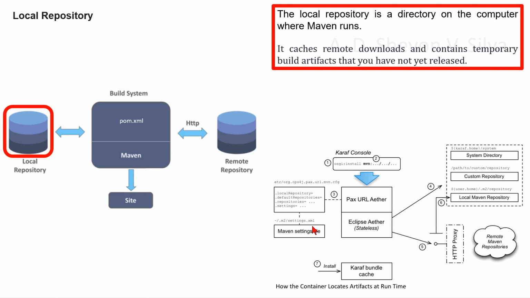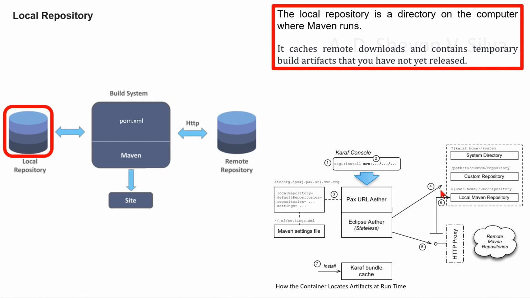The pax-url-aether layer passes the requested Maven URL and combines this information with the specified configuration in order to invoke the Eclipse Aether library. When the Aether library is invoked, the first step is to look up any local Maven repositories to try and find the Maven artifact. The following local repositories are configured by default.